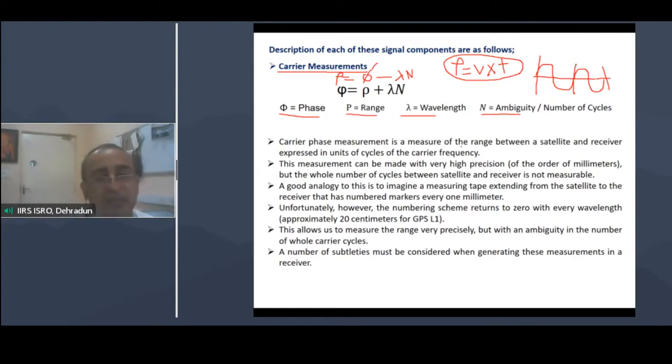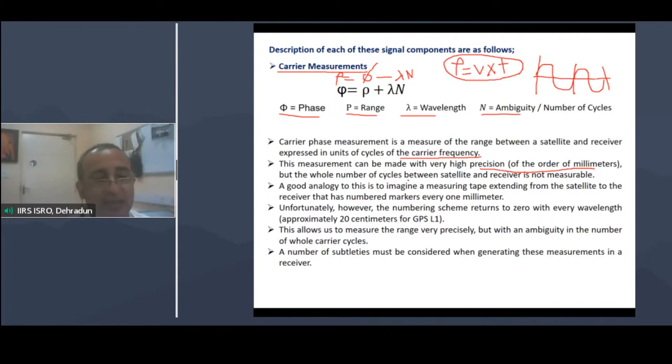So here carrier phase measurement is a measurement of range between a satellite and the receiver expressed in units of cycles of the carrier frequency. This measurement can be made with very high precision, of the order of millimeters, and that's why when we do measurements through carrier measurement, we get very high accuracy in our data.